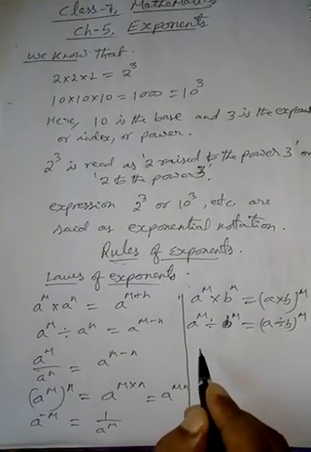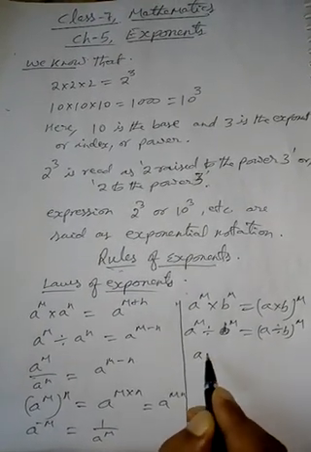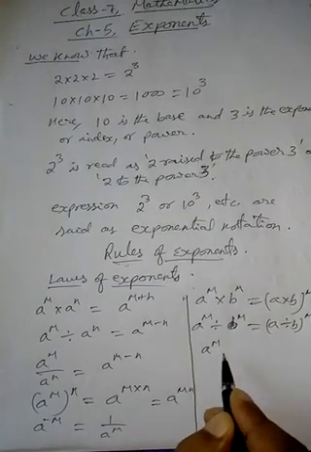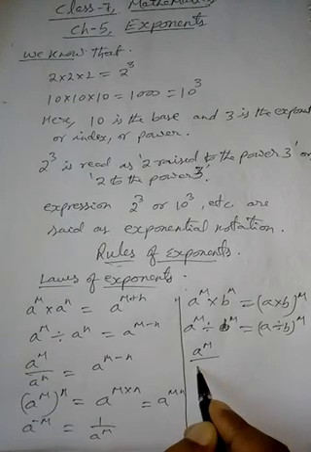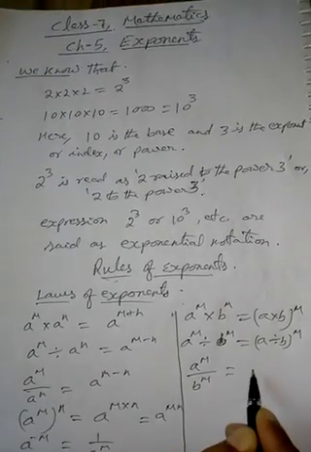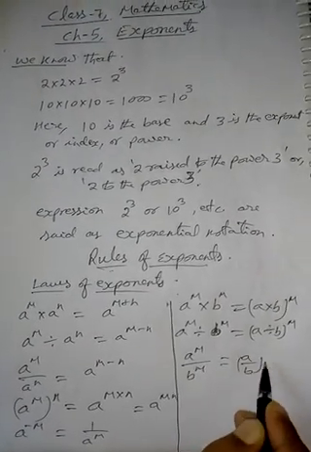Some more rules. Look here. a raised to the power m upon b raised to the power m will be a upon b raised to the power m, taken common.